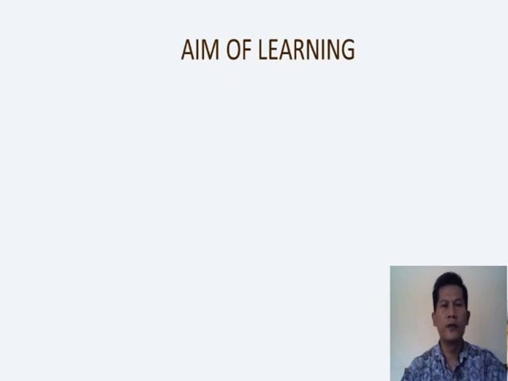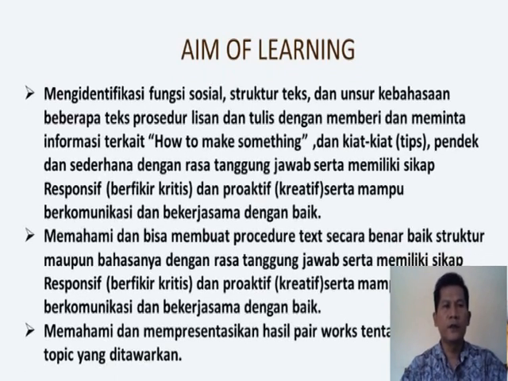And then students, it is important to tell you about the goal or the aim that you have to gain related with our discussion. Please listen to it. Here are the aims that you have to gain for this learning activity. First, you are able to identify the social function, the structure, and the language feature related with the procedure text.